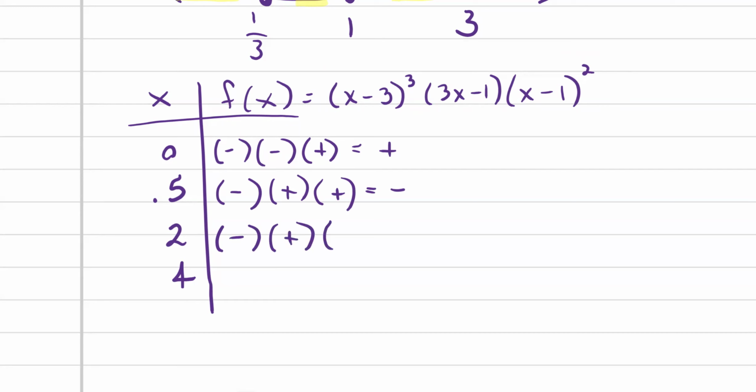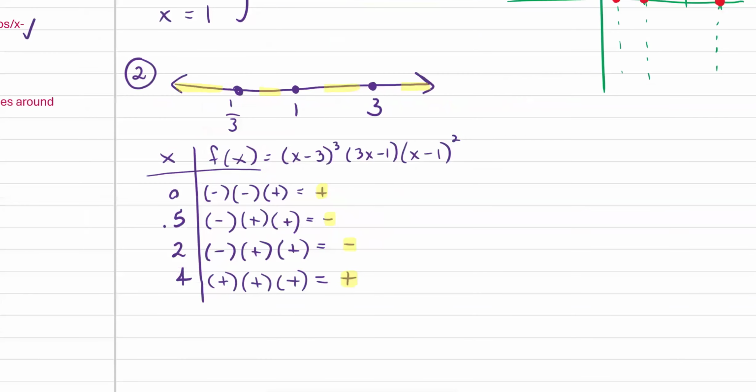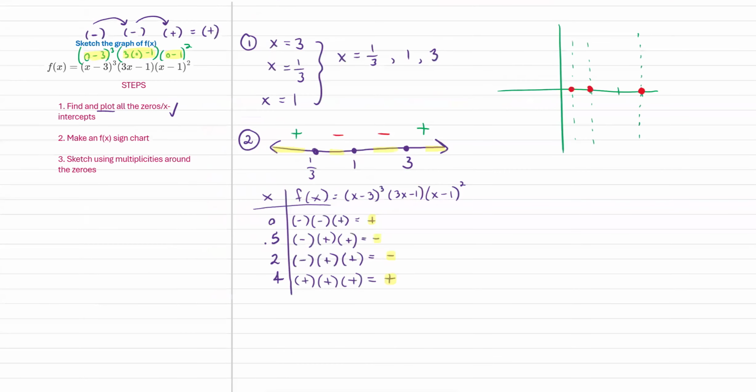And then positive again. Oh, so we got two negatives consecutively. And then finally, 4 minus 3, when I plug in, becomes a positive value cubed. 3 times 4. Oh, all of them are positive. Okay, great. So those are our 4 signs. So on our sign chart, that's going to look like positive, negative, negative, positive. Great. Step 2, complete.